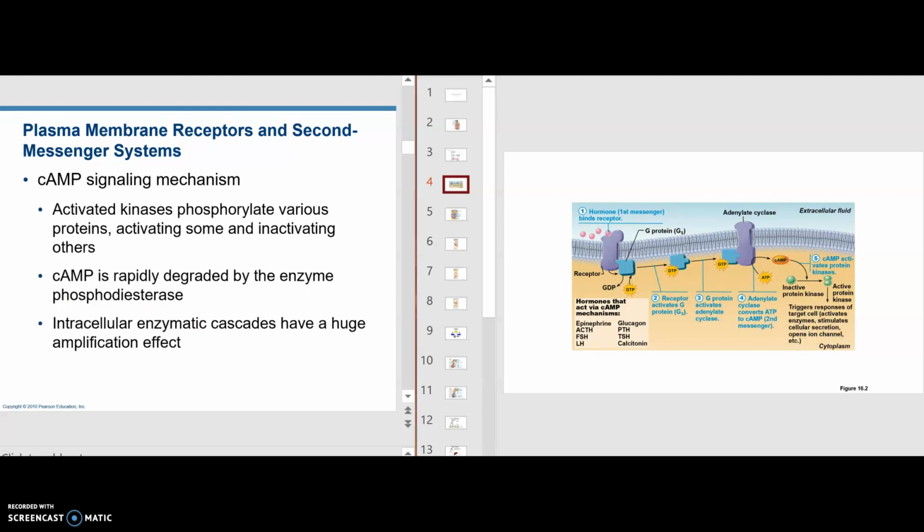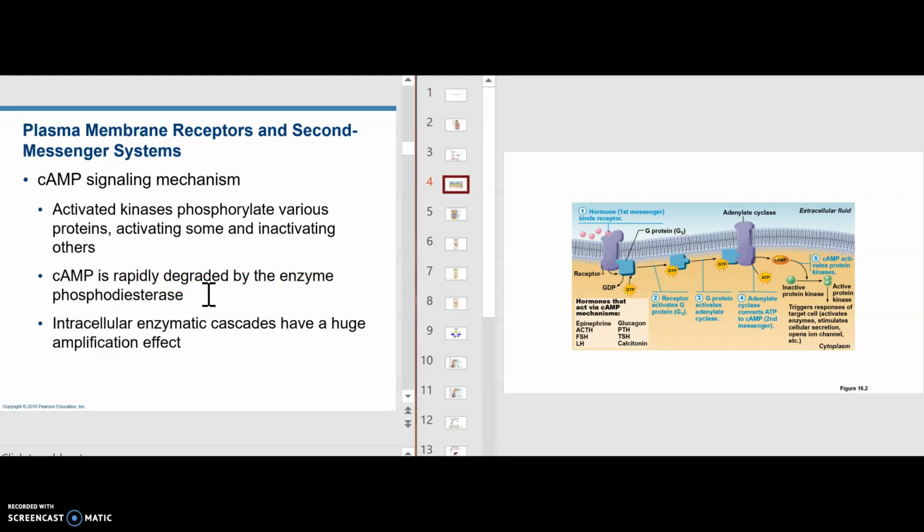So let's go further. The cyclic AMP signaling mechanism activates kinases. They phosphorylate. In other words, what they do is take a P off of the energy compound ATP and activate other proteins, giving them energy. Cyclic AMP is rapidly degraded by something called phosphodiesterase.